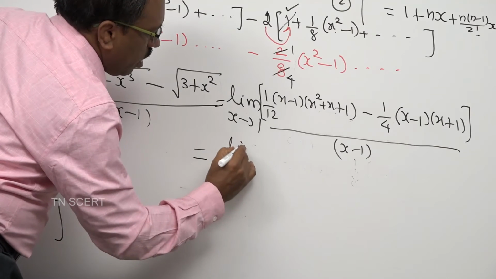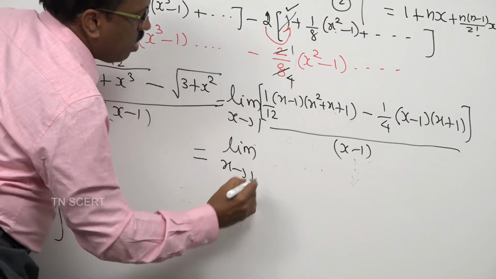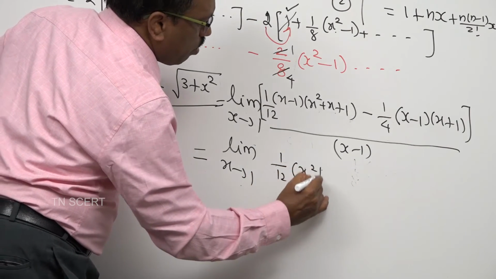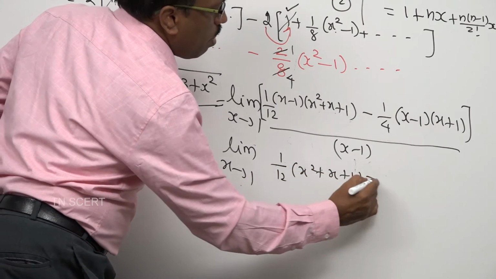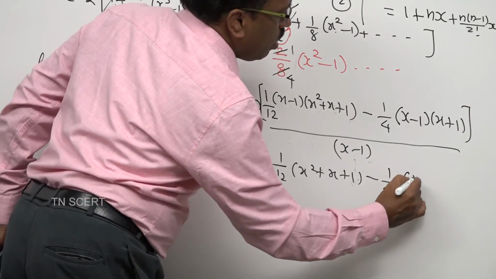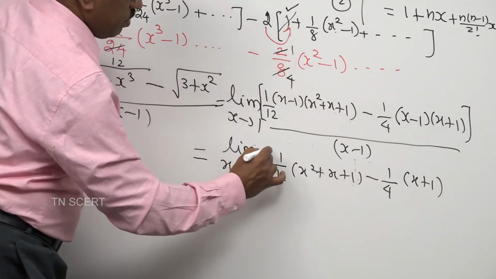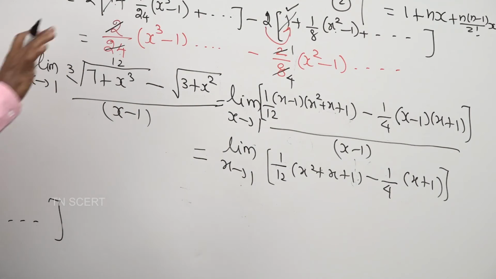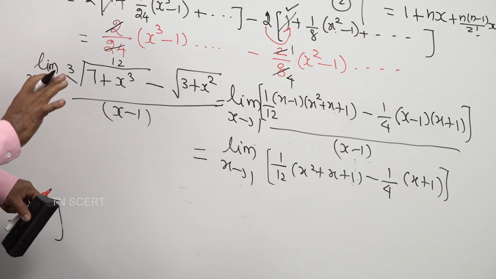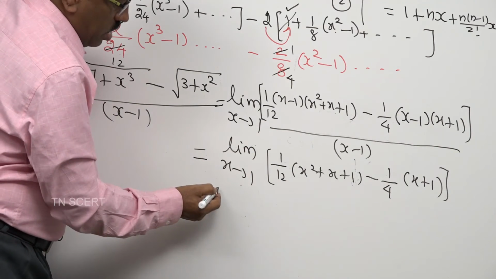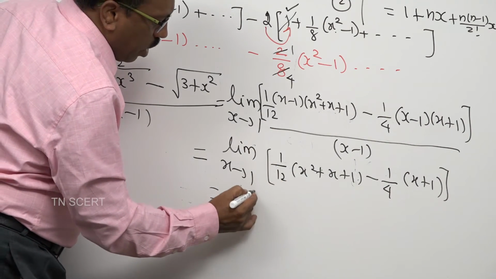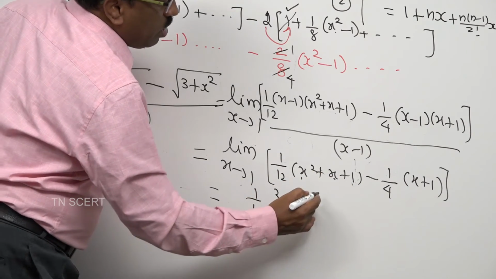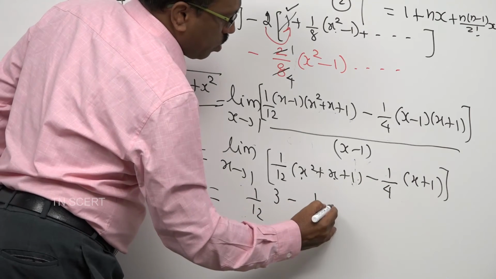Limit x tends to 1, 1 by 12, x square plus x plus 1 minus 1 by 4 x plus 1, like this. After cancelling all that, this is the term exist. Now you apply limit. After applying limit, 1 by 12, 1 plus 1 plus 1 it is 3, 1 by 4, 1 plus 1 is 2.